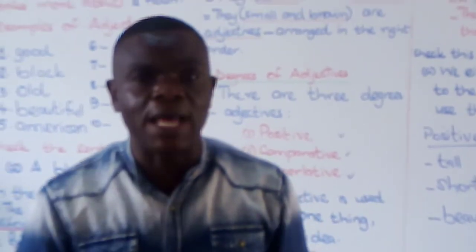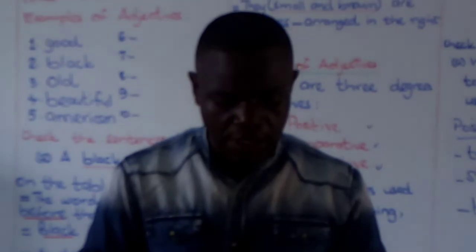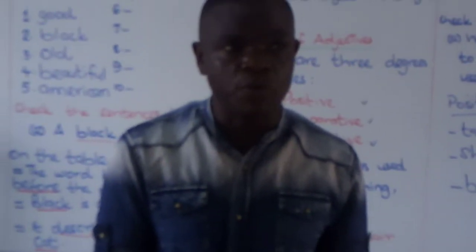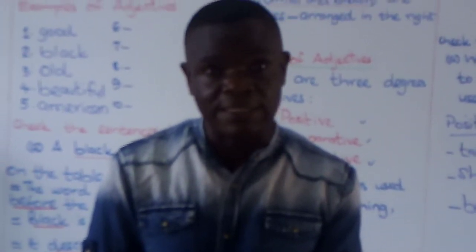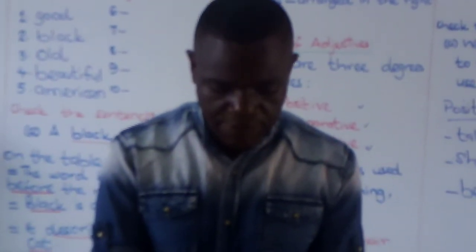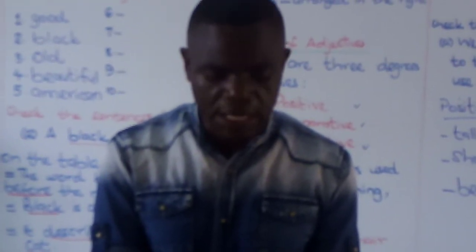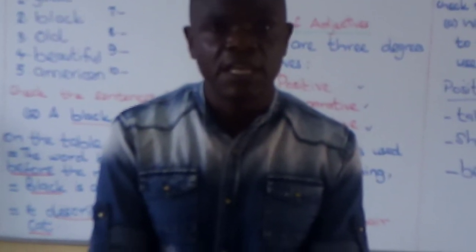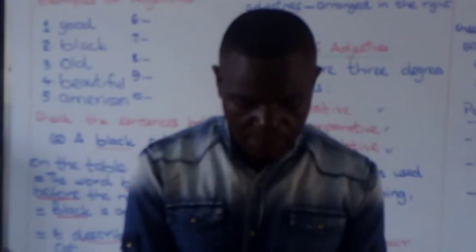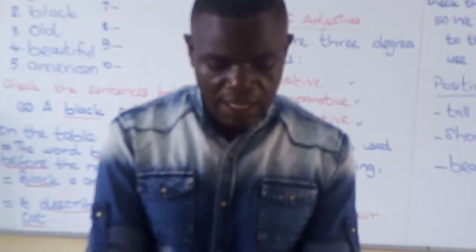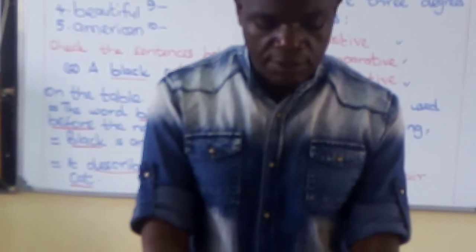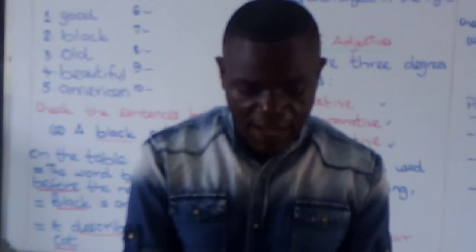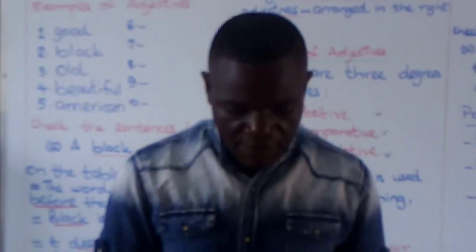Examples, boys and girls, are bad. Bad is a positive degree adjective. So comparative degree is worse, and then superlative is worst. Some more examples: many, more, most; little, less, least; good, better, best; well, better, best; much, more, most; far, farther, farthest.